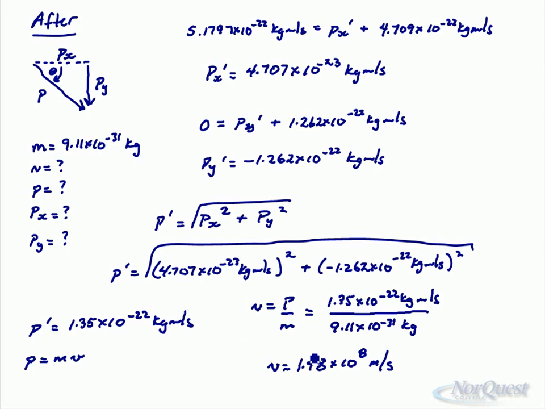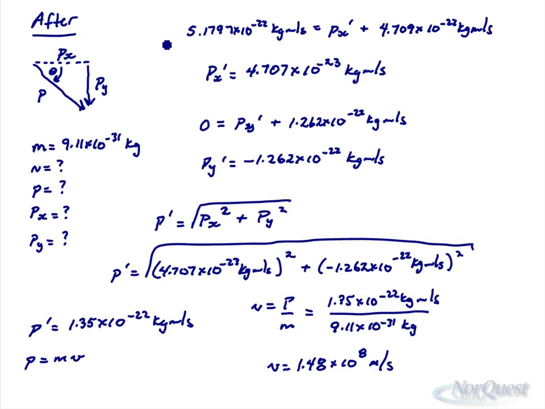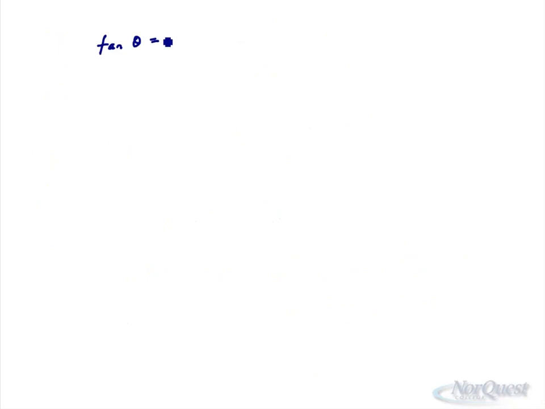Now that I've got velocity, I can go back to another slide and find the angle. Tangent theta is going to equal, if you look back at our diagram, py over px: momentum in the y, momentum in the x.